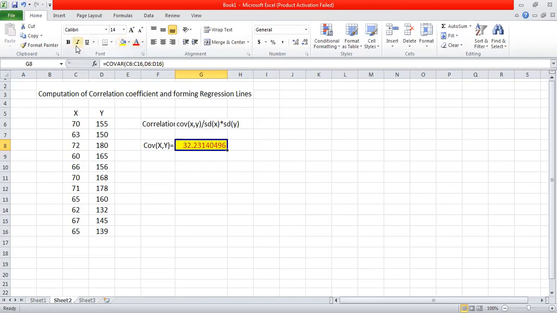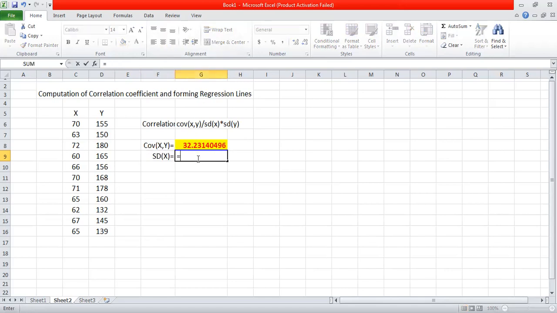We got it. Next, I'm finding sigma x, that is the standard deviation of x. Sigma x means the standard deviation, right? So we use a simple function here.